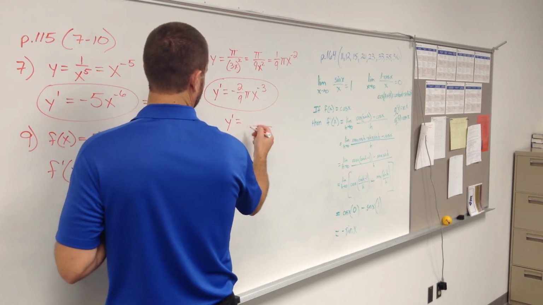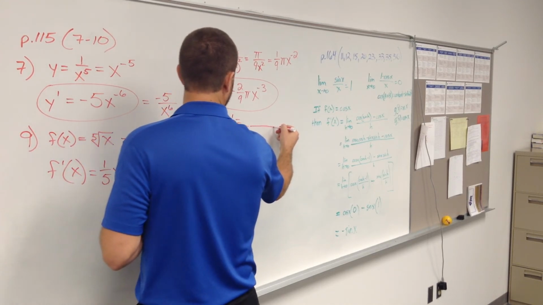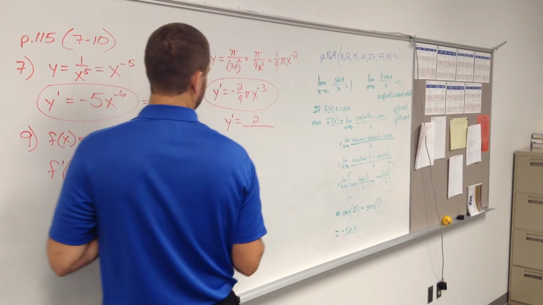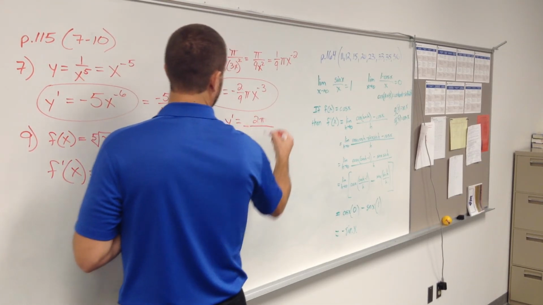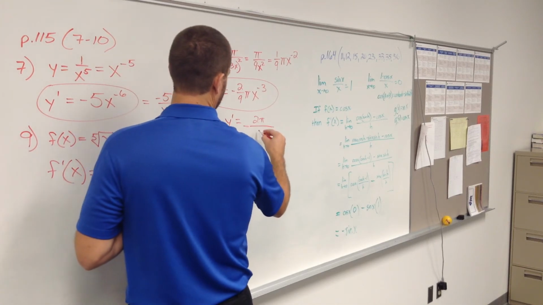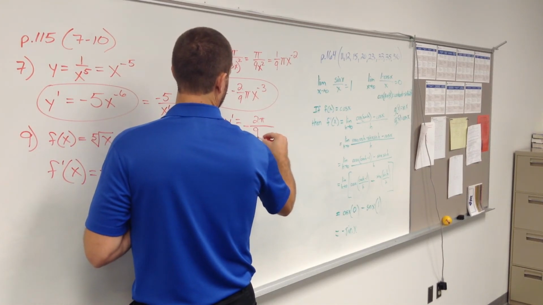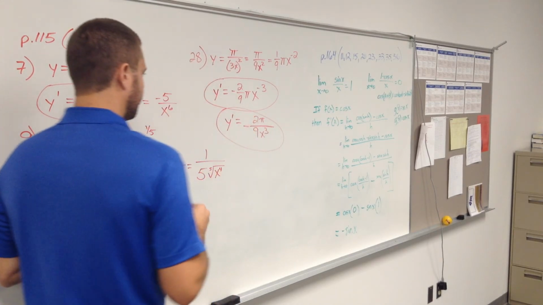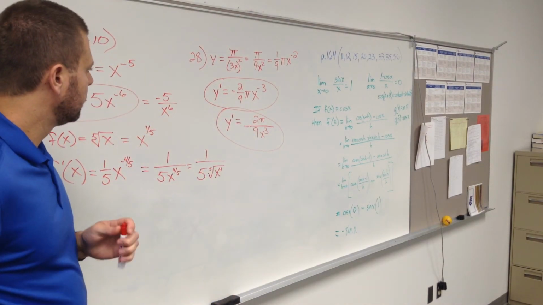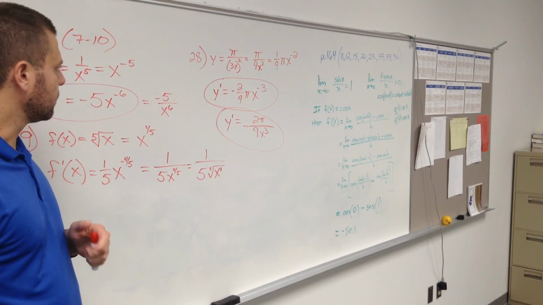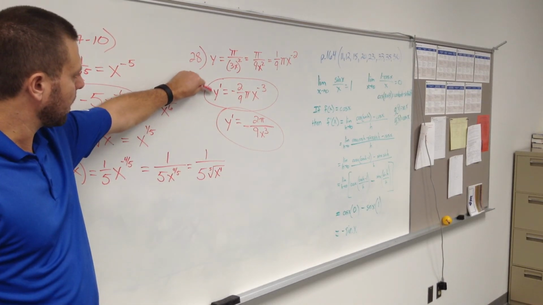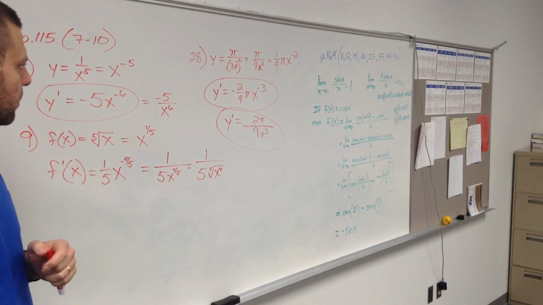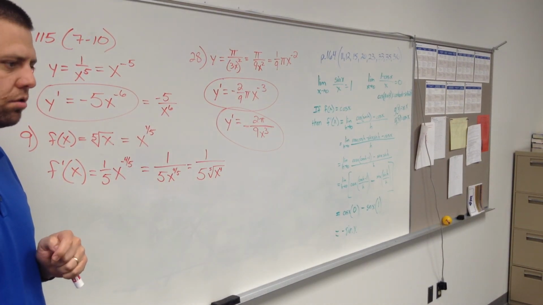I'll leave the negative out in front. Would it be 2 pi. Yep. Same thing. But again, this is probably going to be okay, but sometimes I might ask you to get rid of negative exponents, so then you want to move it down to the bottom with the 9.